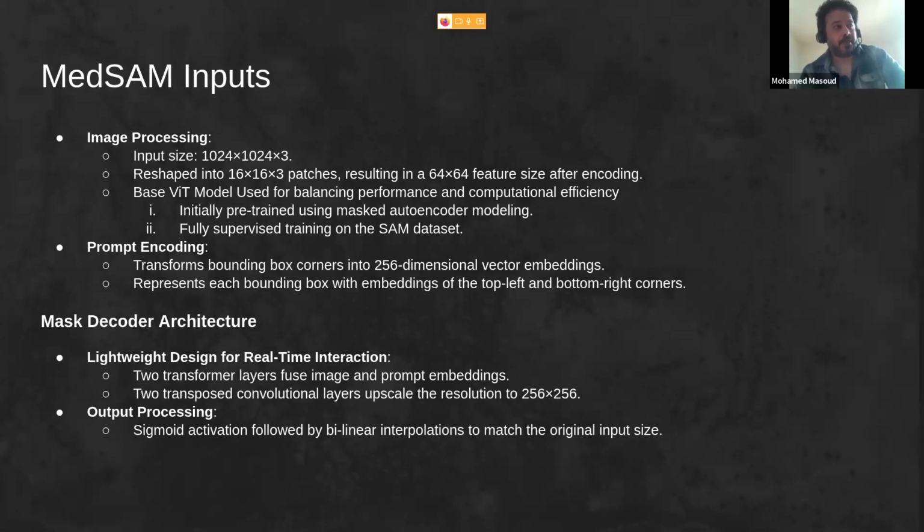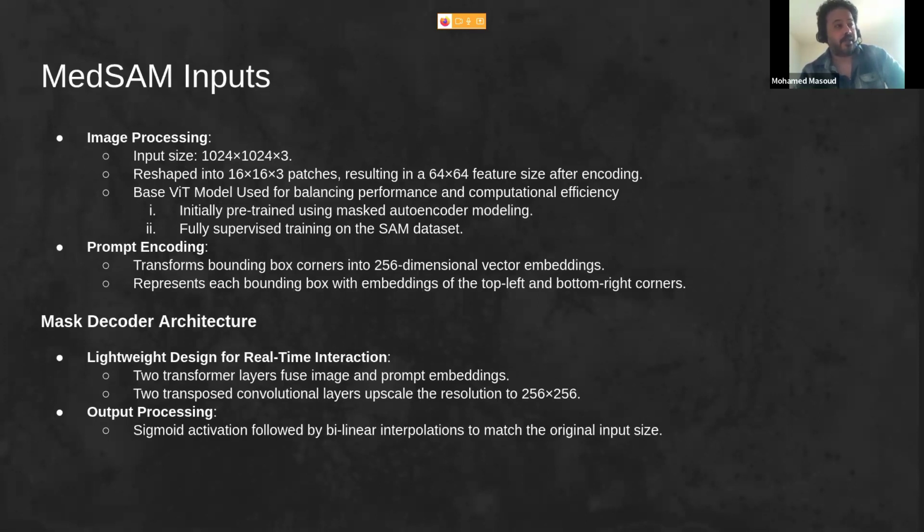For the prompt encoding, they transform the bounding box into a 256-dimensional vector embedding. In the case of the bounding box, they take the top left and bottom right corners as input for the positional encoding, and fuse the image and this prompt internally in the mask decoder.